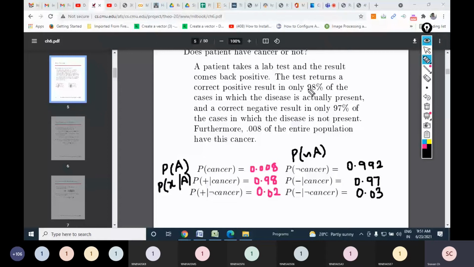If 0.98 is P of X by A, then what is this 0.02? It is very simple. It will be P of X bar. Any guesses?